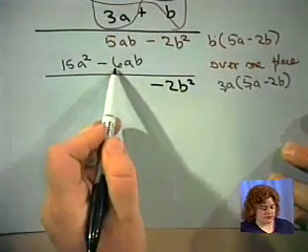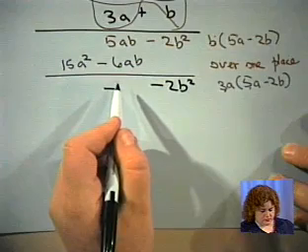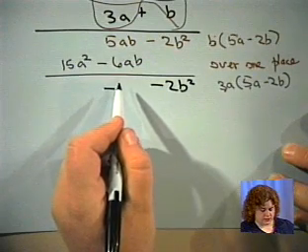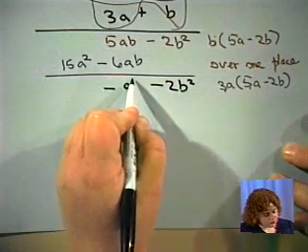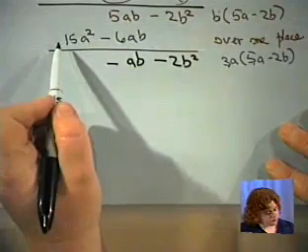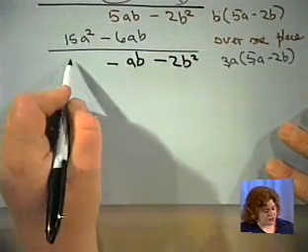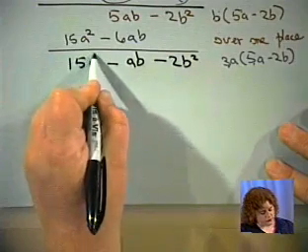Then 5 minus 6 gets us a minus 1ab last time I checked, and I have a small error in my notes. And again, we have nothing to add to the a squared, so we just have a 15a squared.